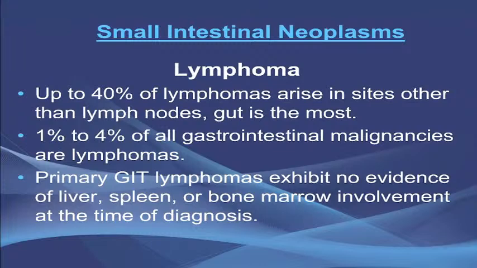Primary GI lymphomas exhibit no evidence of liver, spleen, or bone marrow involvement at the time of diagnosis, but of course, as the disease advances, this may change.